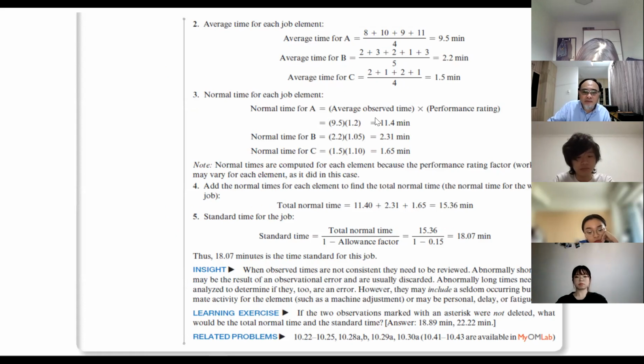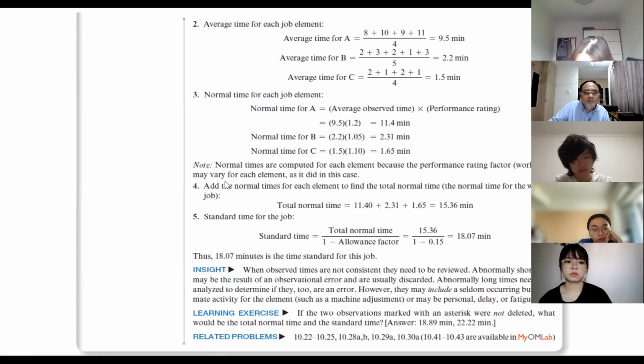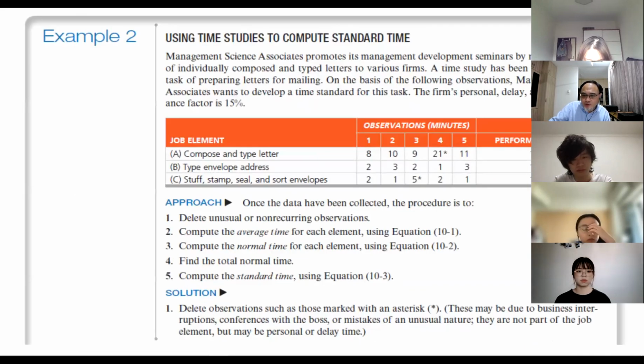Normal time is average observed time times performance rating. In this case, the performance rating is given here. If you notice, the performance rating is 120% for element A, 105% for element B, and 110% for element C. So different performance ratings.